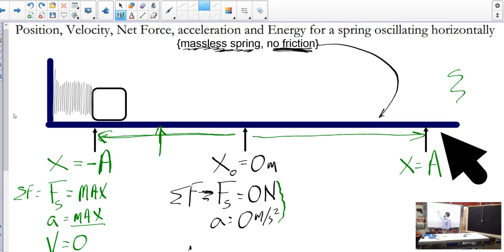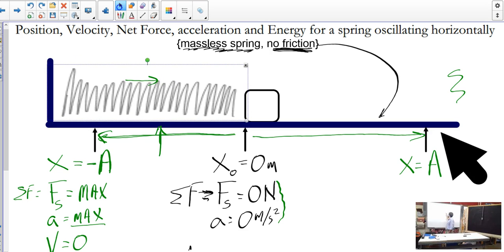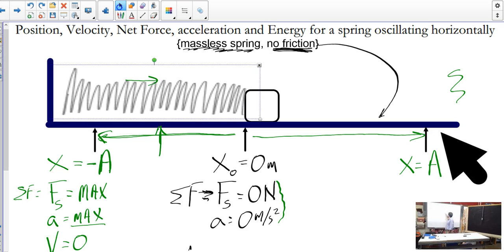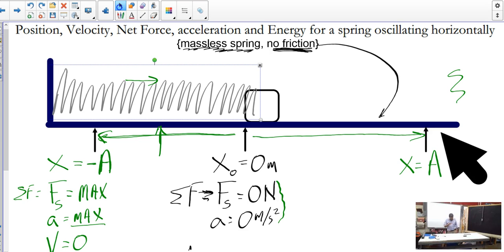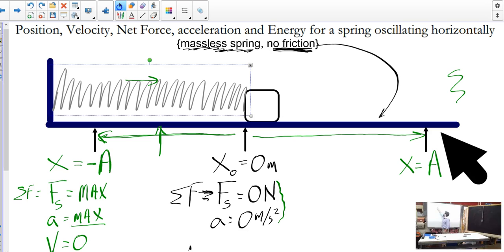So we let it go. It starts to accelerate and move in this direction. By the time it gets back to where it started, so by the time it gets to here, what's true about it?